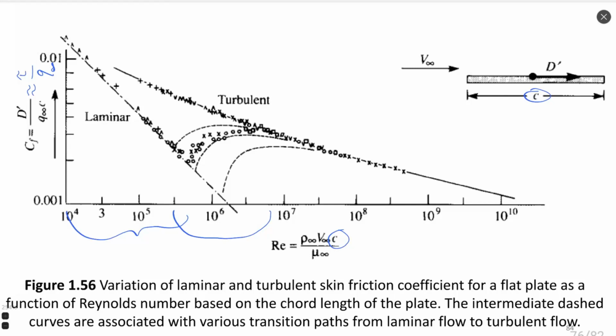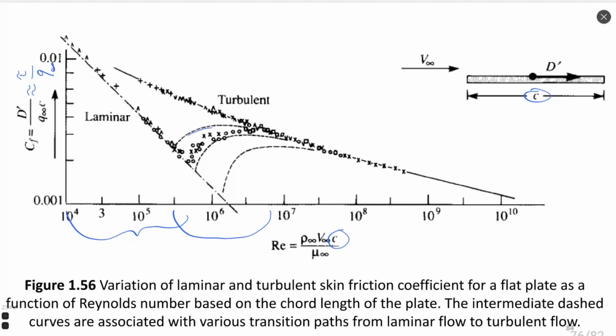It depends on several parameters that are not introduced here, for example the quality of the surface, temperature conditions, maybe other aspects like the initial level of turbulence. So transition can happen in various ways.